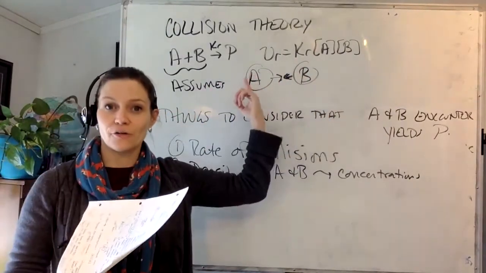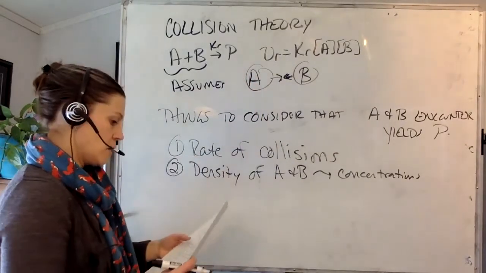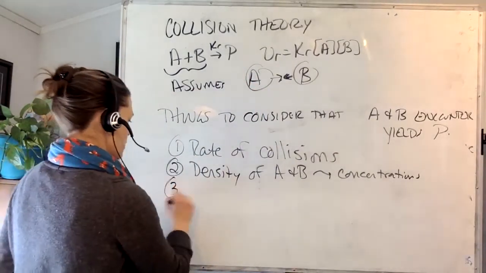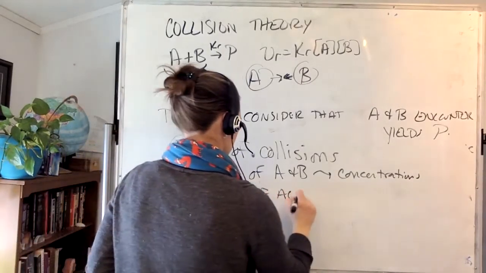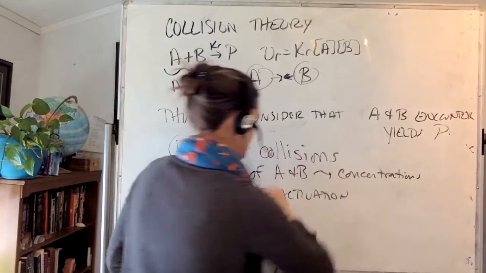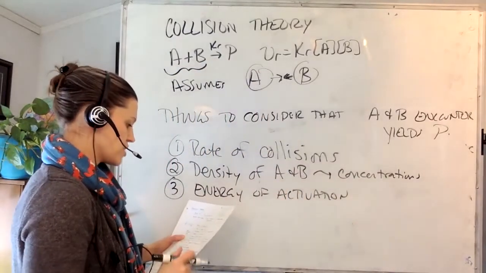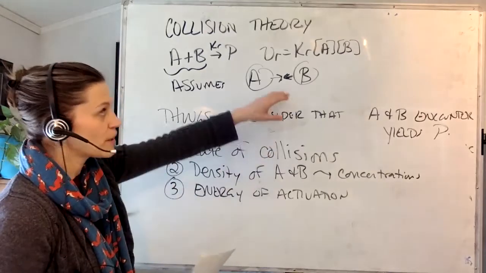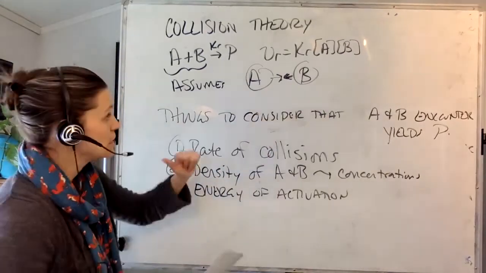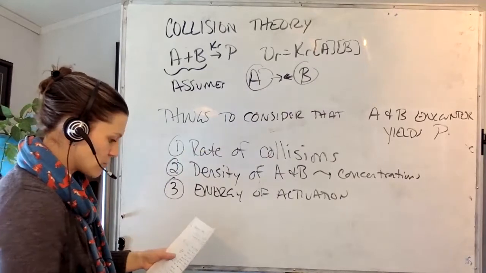It will affect the likelihood of it going to products. Next, number three, the energy of activation: the amount of energy necessary to surmount the potential energy barrier, which we will get to in the next sections. But we need to take that into account.